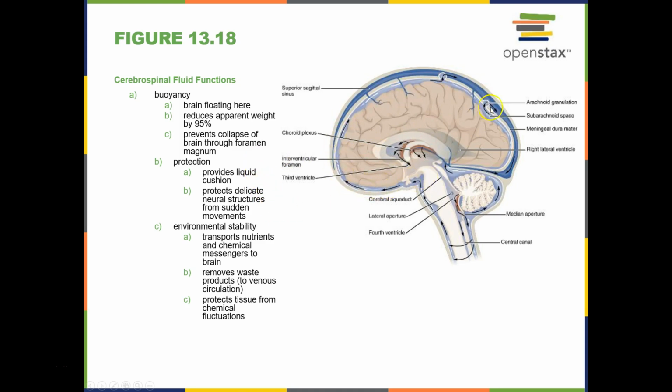If your brain moves too fast, it can actually cause damage to the different regions when it hits that cranial cavity. And then providing environmental stability, so chemical stability, basic electrolyte balance within that cranial cavity and spinal cord.